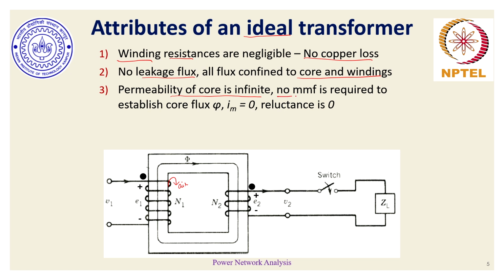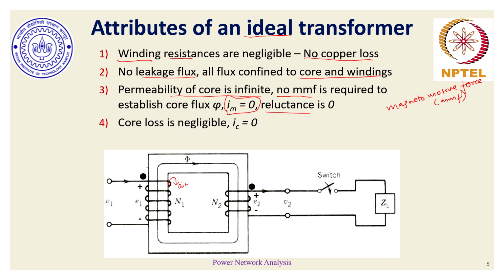That means there is no external MMF, also known as magneto-motive force, needed for this ferromagnetic core to become magnetized. It is a perfectly ideal magnetic material, so it is always highly magnetic, and hence the current or flux needed to magnetize the core is not necessary. We'll come back to this particular current in a moment. The corresponding reluctance is 0.